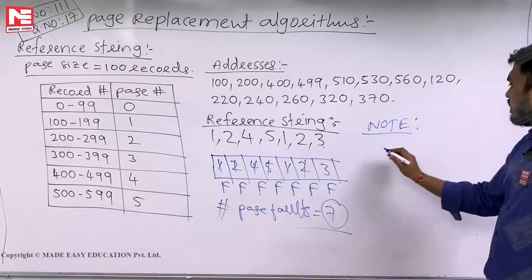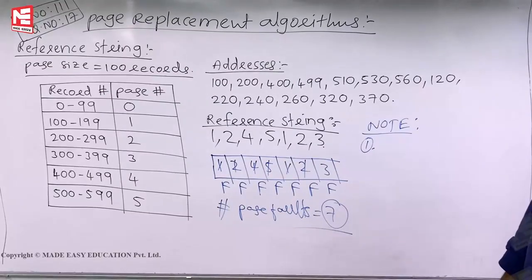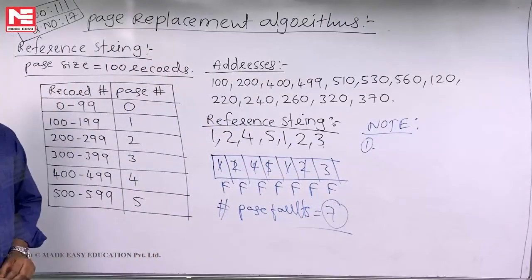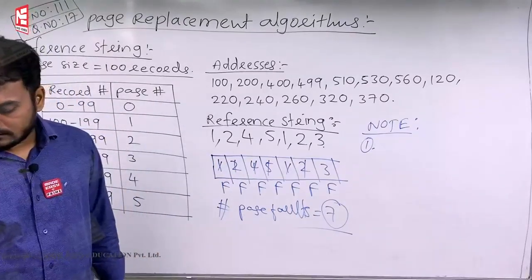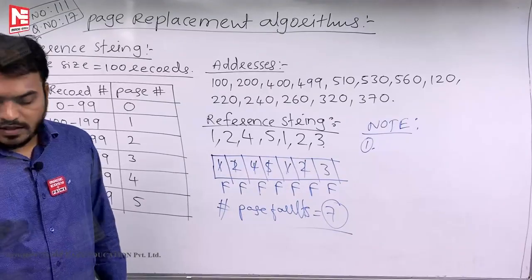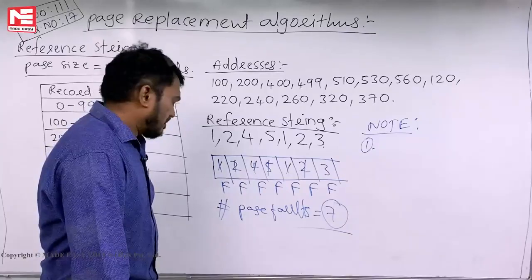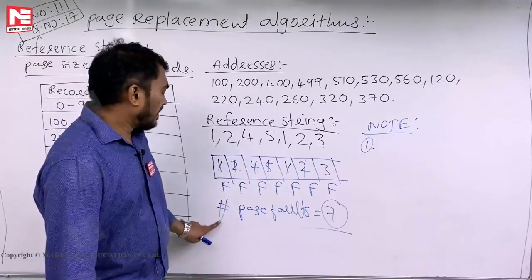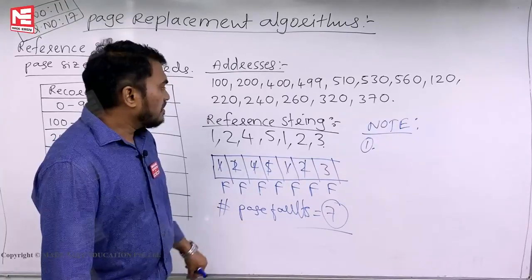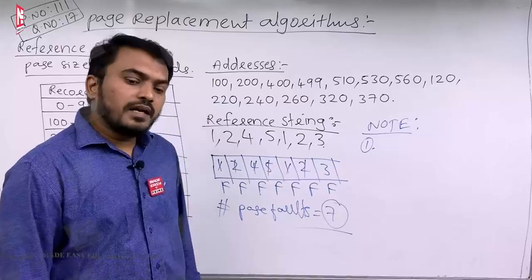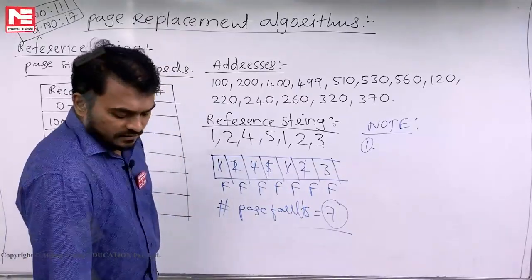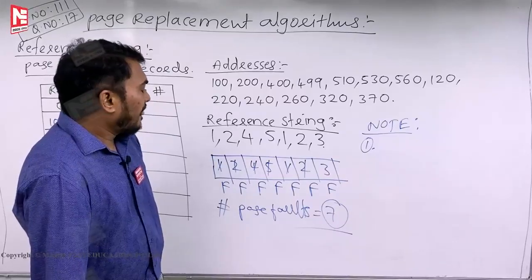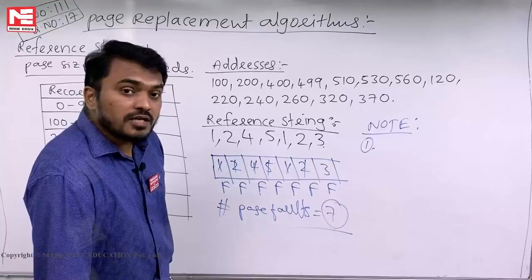Note down my first point. If there is only one frame allocated to the process, then every page referred will be a page fault.